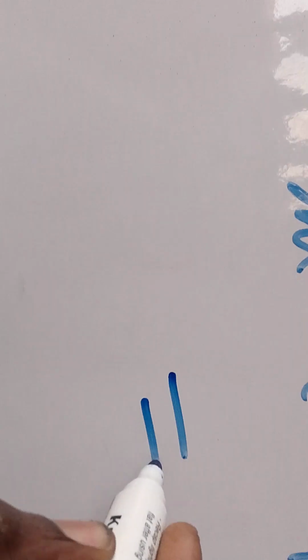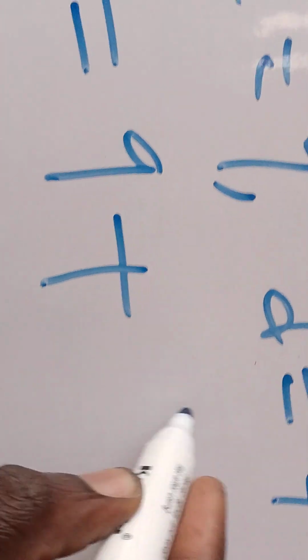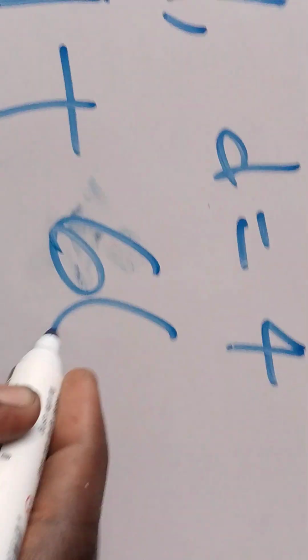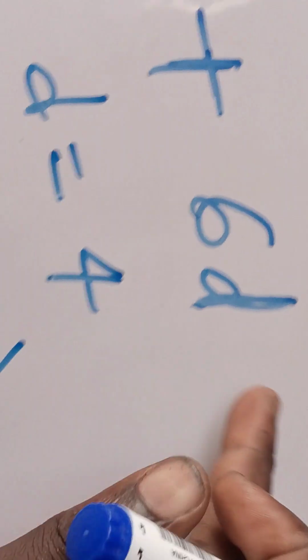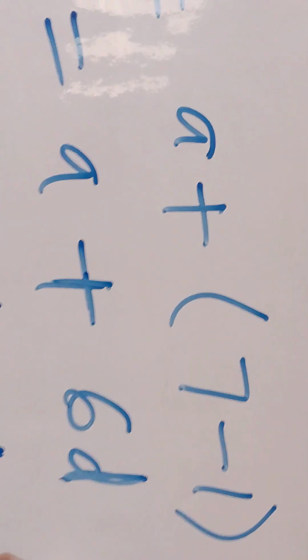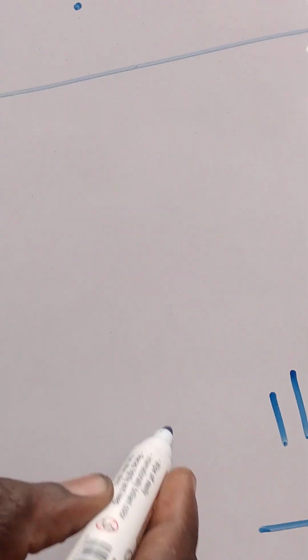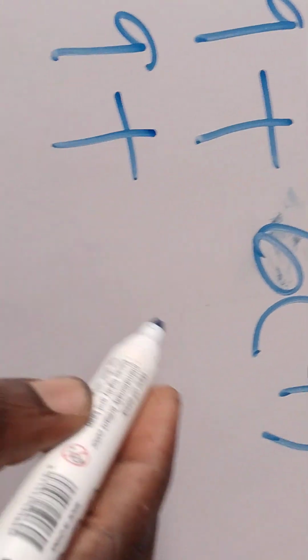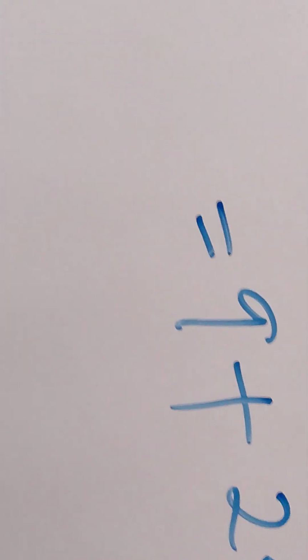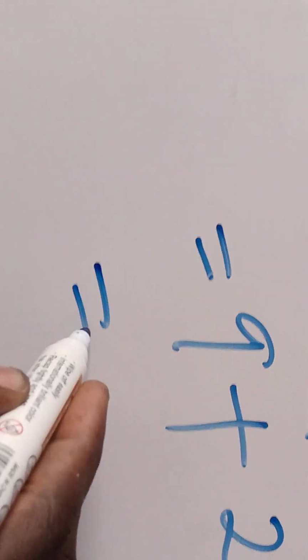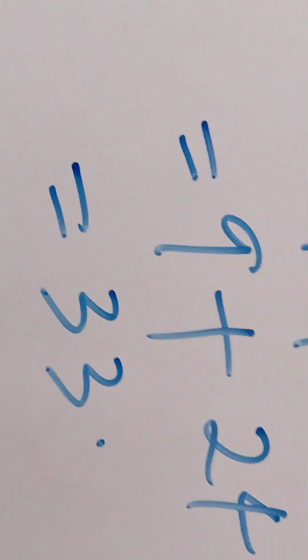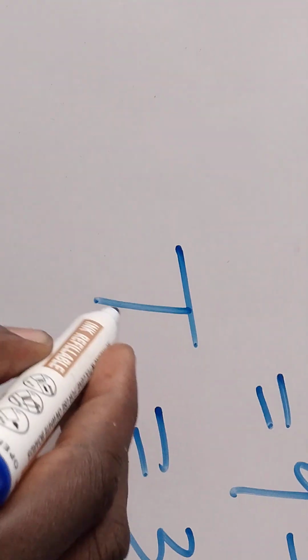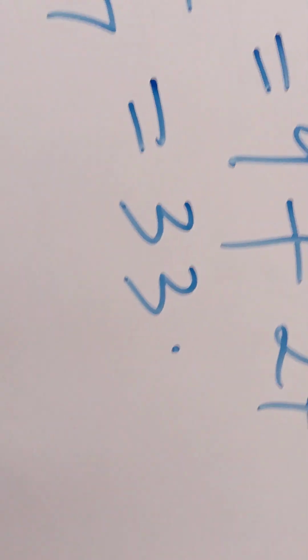So this changes to 9 plus 6 times 4. 6 times 4 gives me 24. That is 9 plus 24, which gives me 33. So my seventh term, T7, is 33.